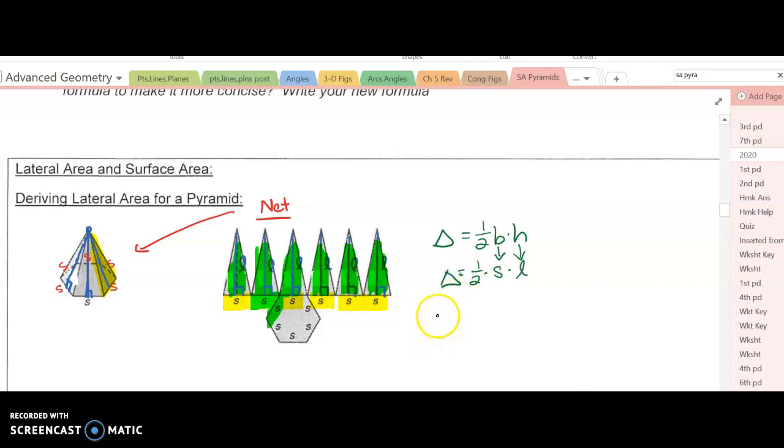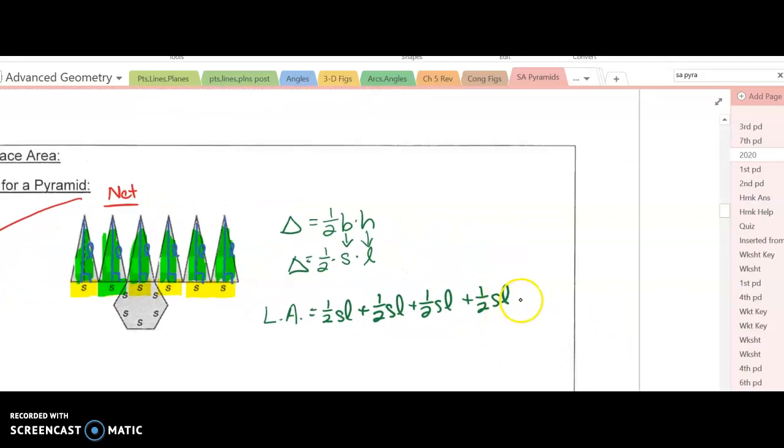So our lateral area, the area of just the green triangles, not including the hexagonal base, would be 1/2 S times L, 6 times. So 1, 2, 3, 4, 5, 6.